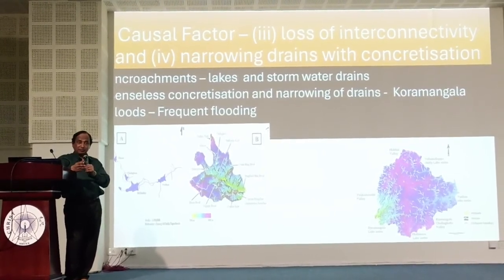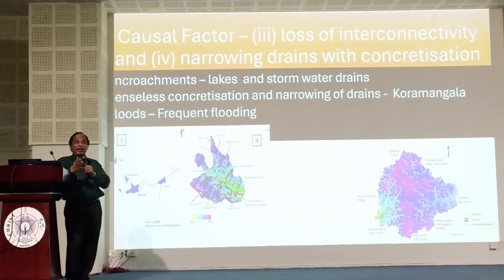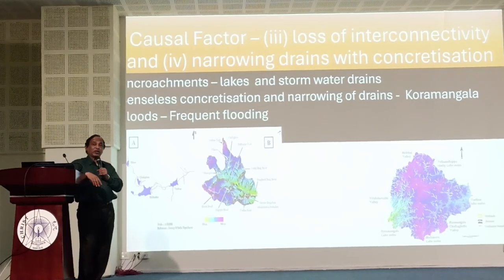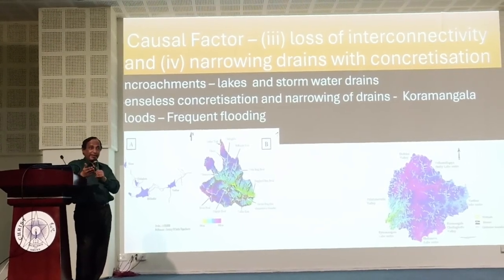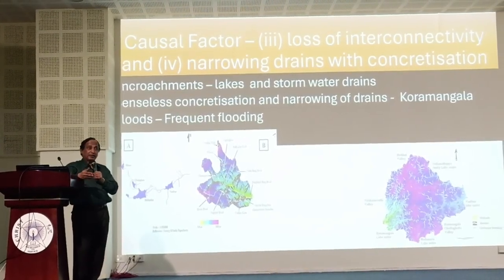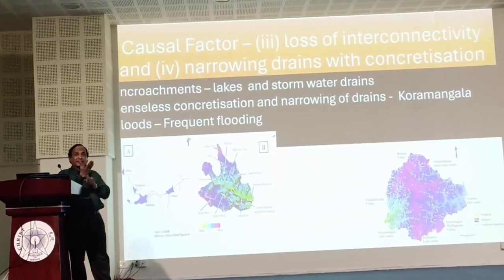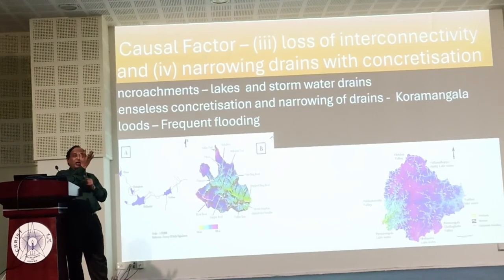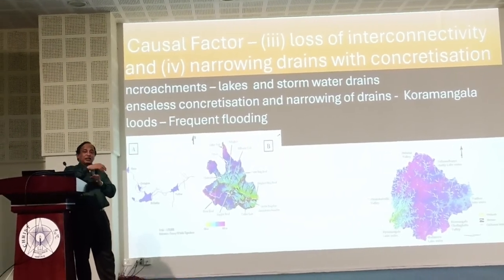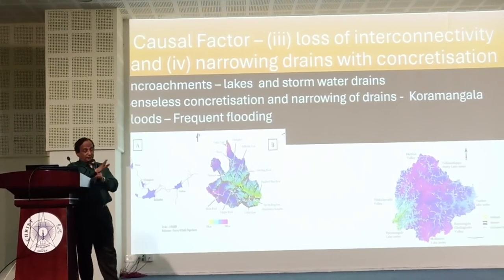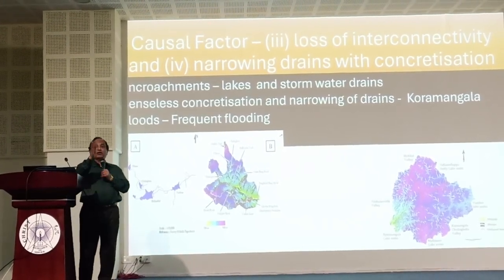Remodeling of the drain is nothing but concretizing the drain and narrowing the drain. When they concretize the drain, it is against hydrological principles. Any drain, which is a natural phenomenon, does groundwater recharge. But when we concretize, what happens? Nothing goes inside. You have a large amount of water on the overland. And the second thing is, when they build a new drain and concretize it, they also narrow the drain.